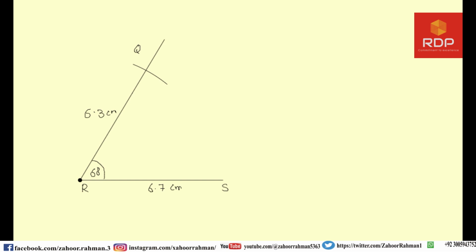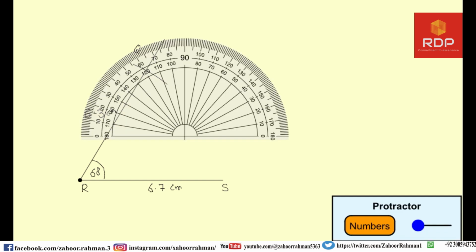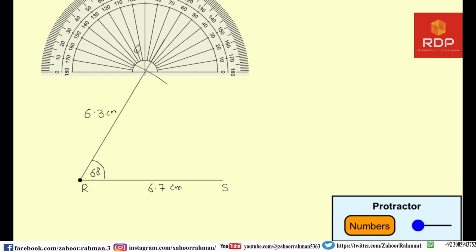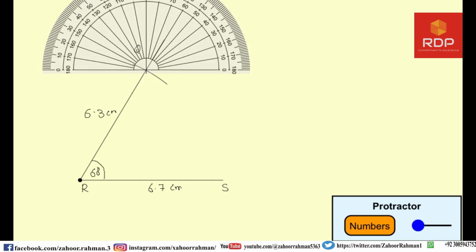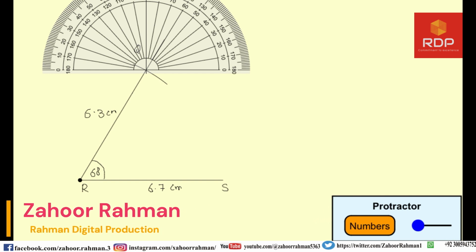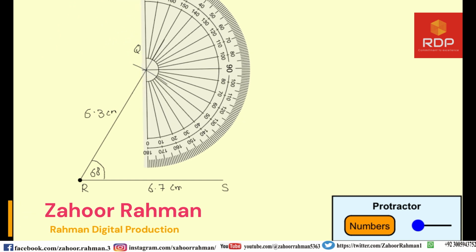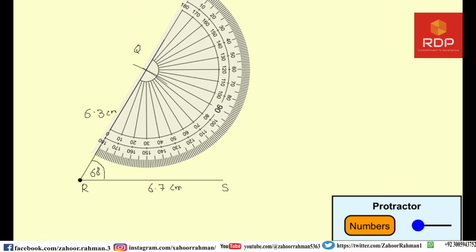Now at Q I have to make an angle of what? I have to make an angle of 75 degree. So let us do that as well. Let me make an angle of 75 degree, which will be somewhere here.